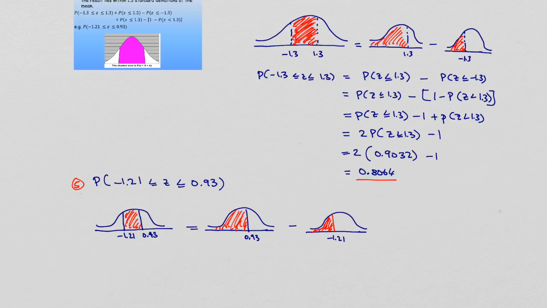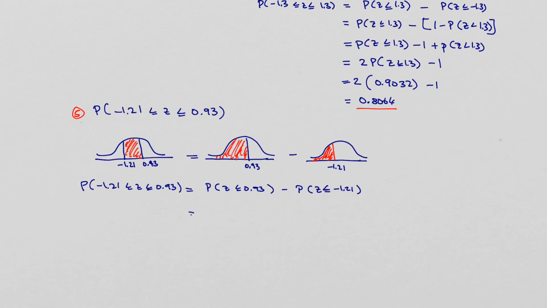So if I write that as a formula, the probability that minus 1.21 is less than or equal to Z, which is less than or equal to 0.93, can be written as the probability that Z is less than or equal to 0.93 minus the probability that Z is less than or equal to minus 1.21.